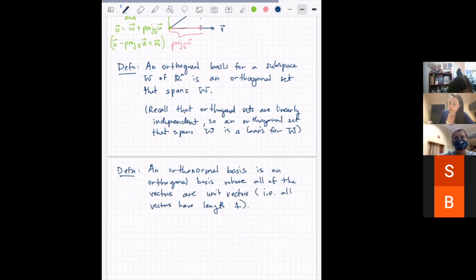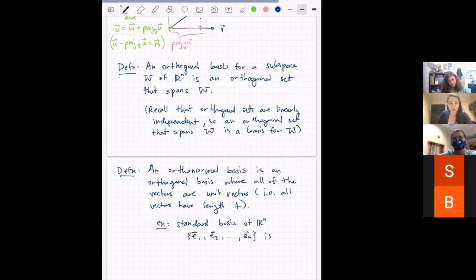An example of an orthonormal basis is just the standard basis of Rn, where we have the coordinate vectors E1 up to En.